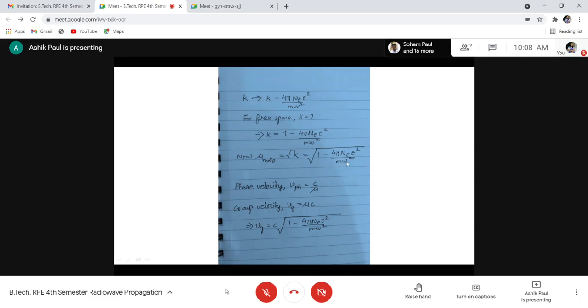So this second term within the square root sign also increases. So this whole term under the square root decreases. So that means as a function of height, mu radio also decreases.